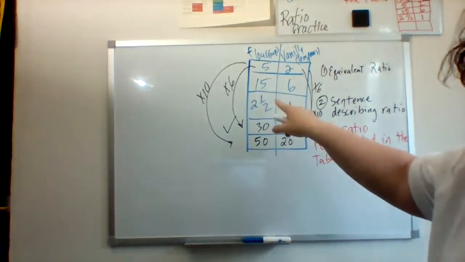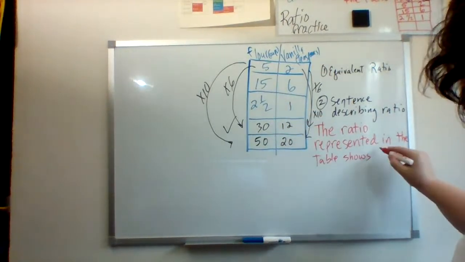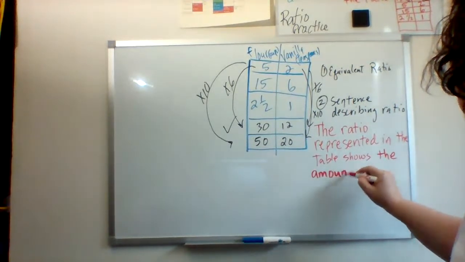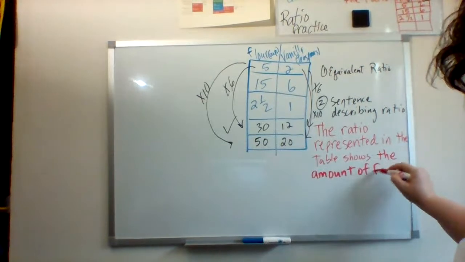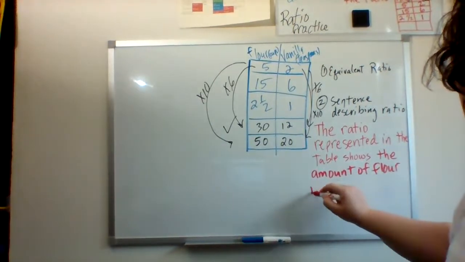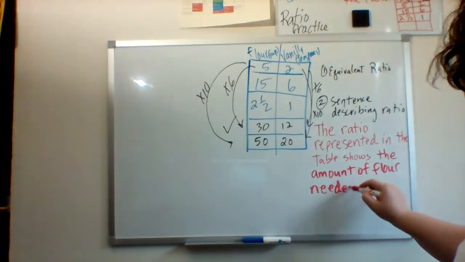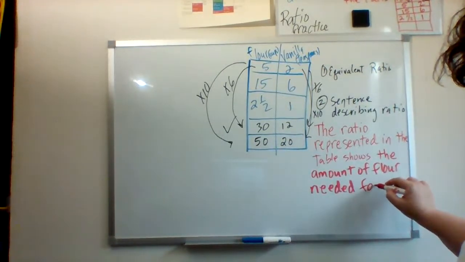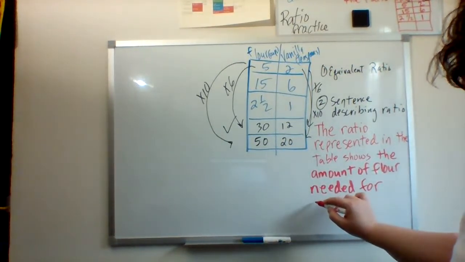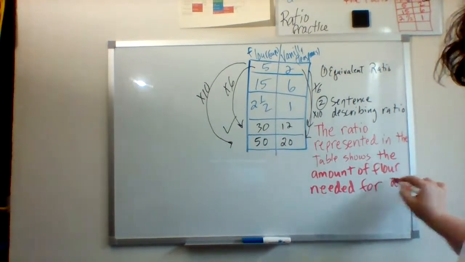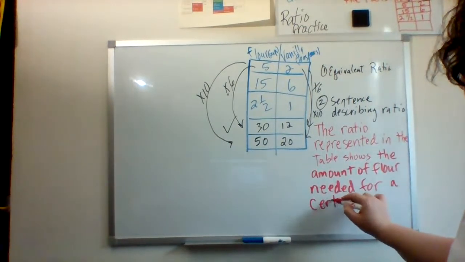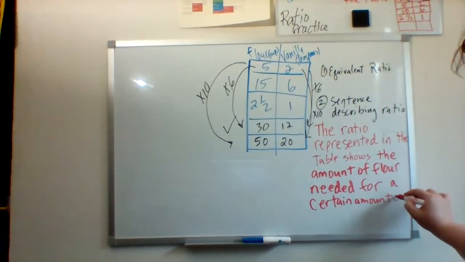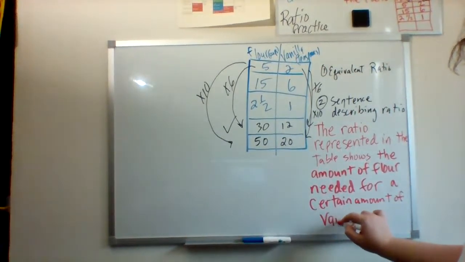The ratio represented in a table shows the amount of flour needed for a certain amount of vanilla.